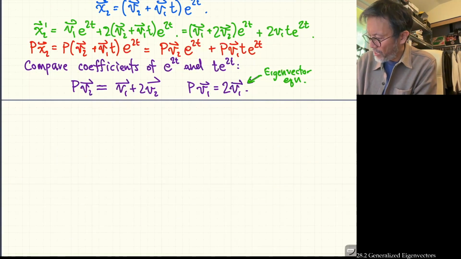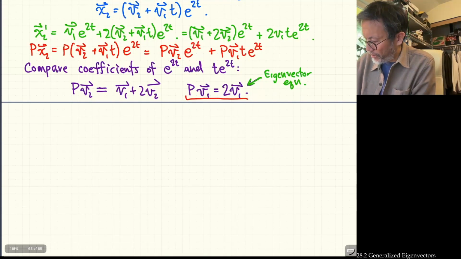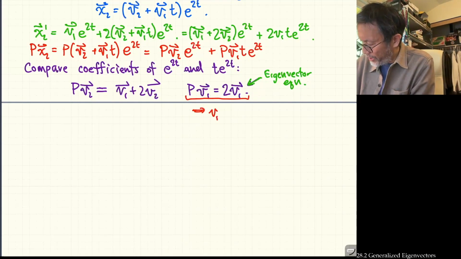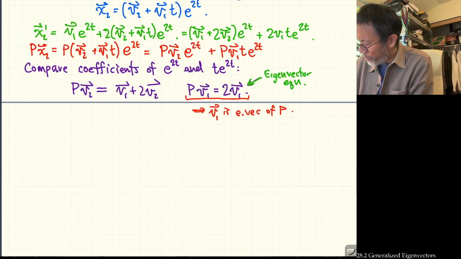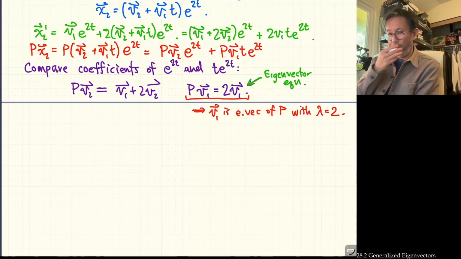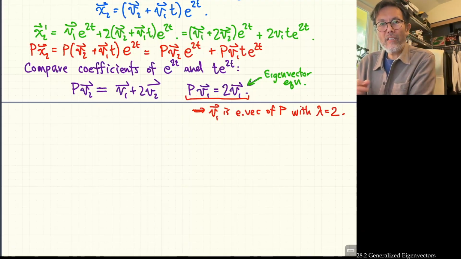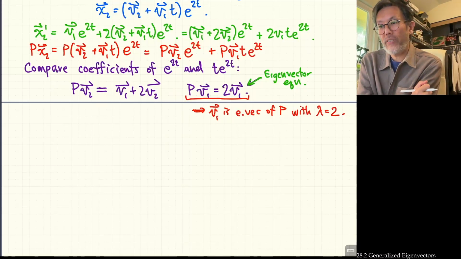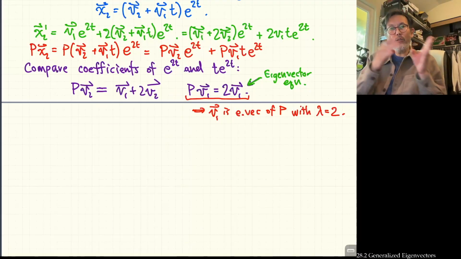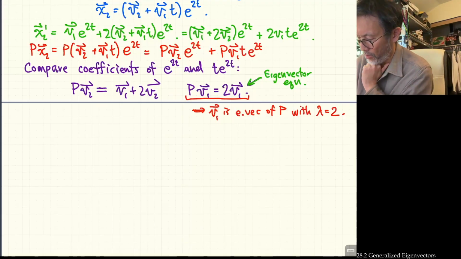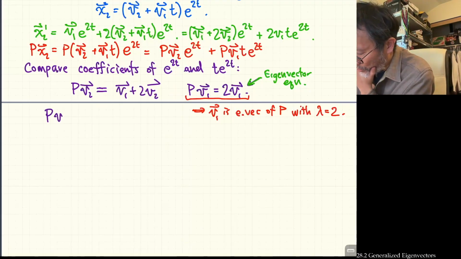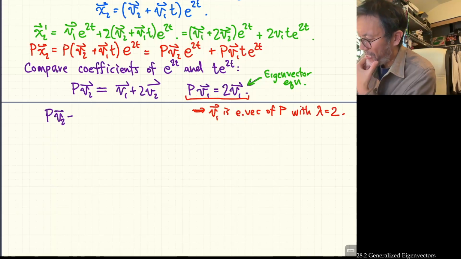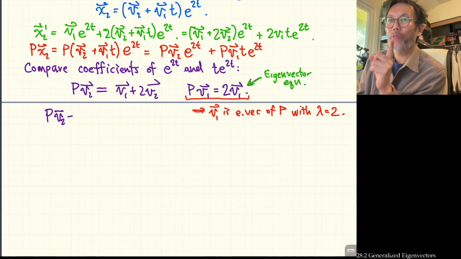This second equation, maybe I'll underline it in red here, implies v1 is an eigenvector of P with eigenvalue equal to 2. Cool. What does this first equation, though, suggest? Well, I'm going to move the 2 v2 over to the other side. So I get that P v2 minus 2 v2, and I'm going to do this trick with the identity matrix again.